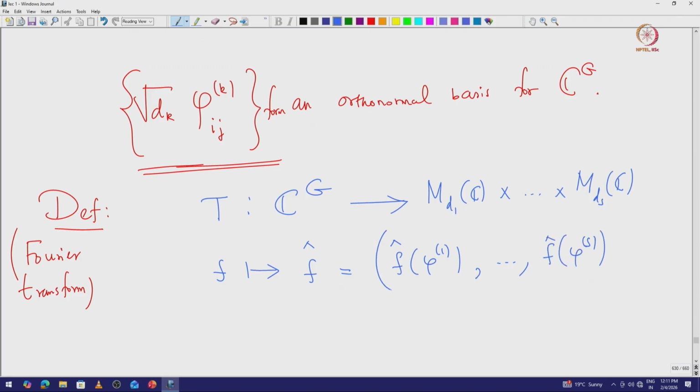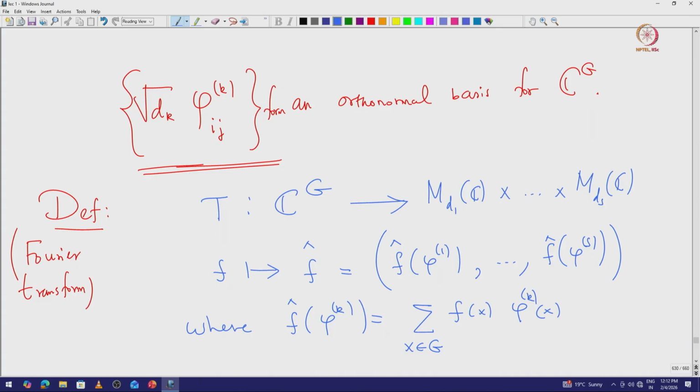So, we are going to record this as this s-tuple, maybe s linear operators, where f hat of phi k is given to be the summation f of x phi k of x, x runs over G. Okay. So, this is how we define this f hat of phi k.